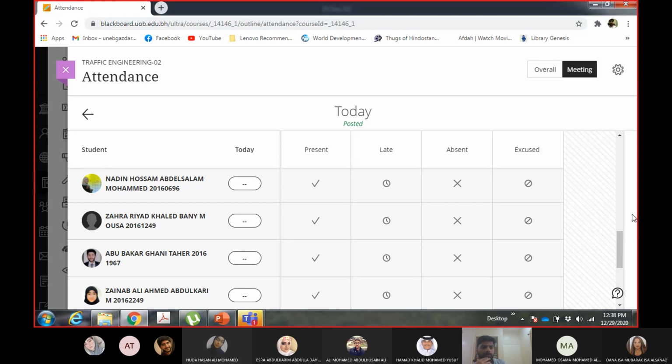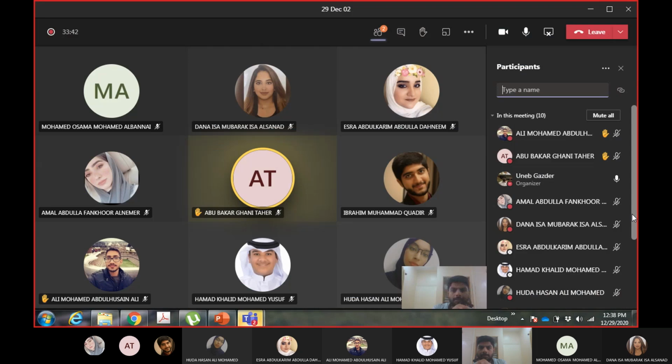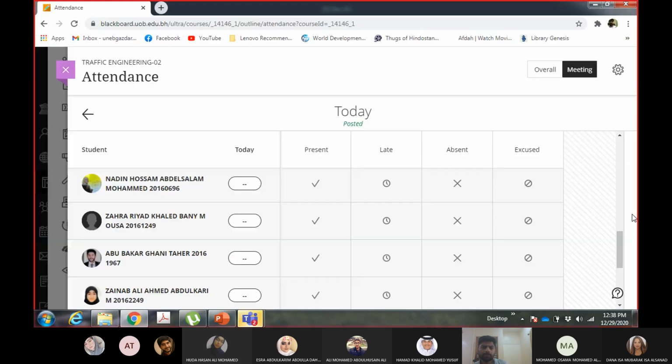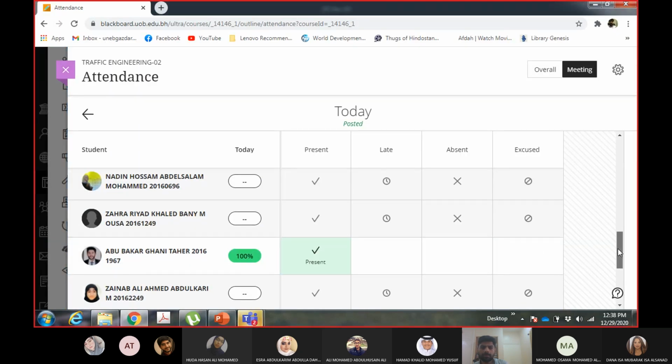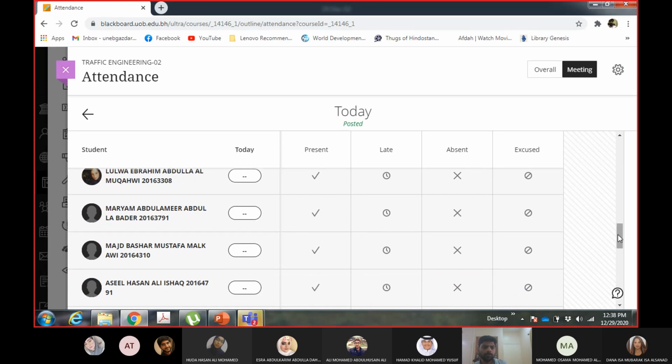Nadine Hussam, Zahra Riyad, Abu Bakr Ghani, Zainab Ali Ahmad. Ulwa Ibrahim, Mariam Abdul Amir, Masht Bashar, Asil Hassan.